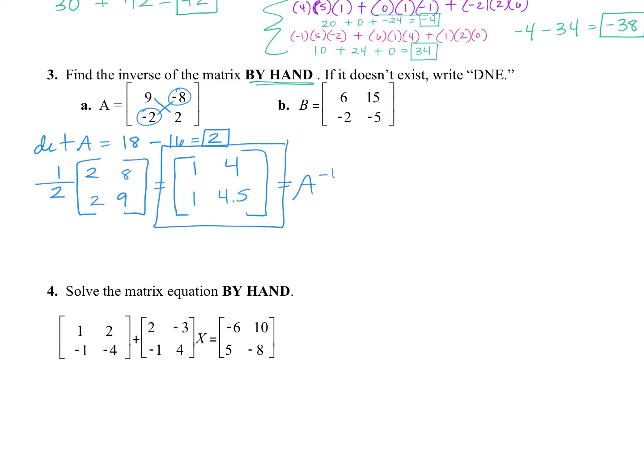Okay. All right, now look at letter B. I'll let you try this one first. Find the determinant first, right? So go ahead and find your determinant.